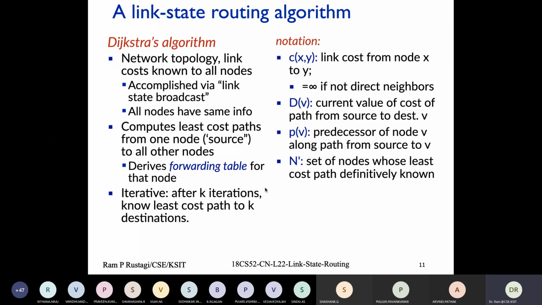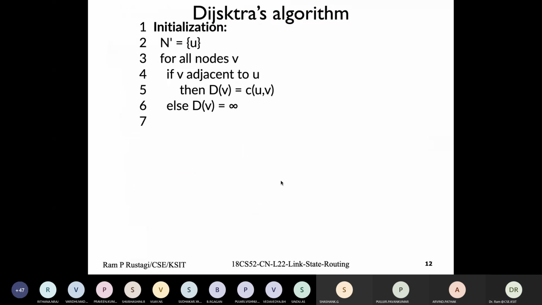We also maintain a set of nodes, N prime, for whom the shortest cost is already known. Once we add a node to N prime, we are not going to use that node again. The algorithm works in two parts: initialization, and then the looping.